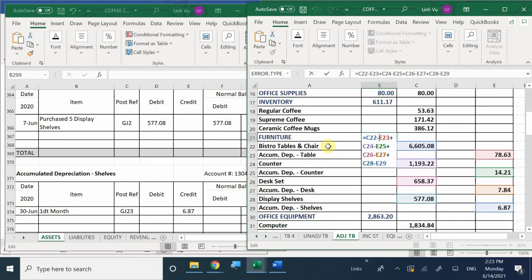So what I'm doing is I'm looking at my formula and comparing it to yours. E23 plus E24 minus E25 plus E26 minus. You should have got the exact same. Okay, wait a minute. I see my problem. I'm going to mute myself for a second. You fat fingered another.